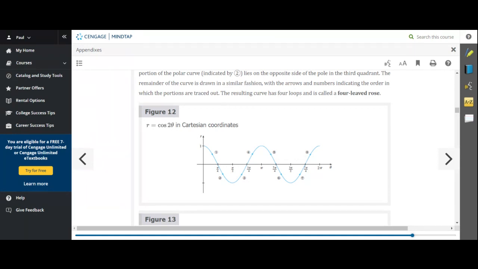So let's think about the part that is from 0 to pi over 4, part 1. When theta equals 0, the radius is 1. But as the angle approaches pi over 4, or 45 degrees, does the radius increase or decrease?